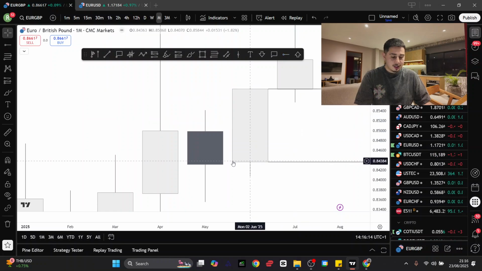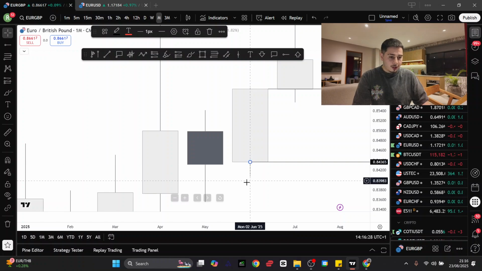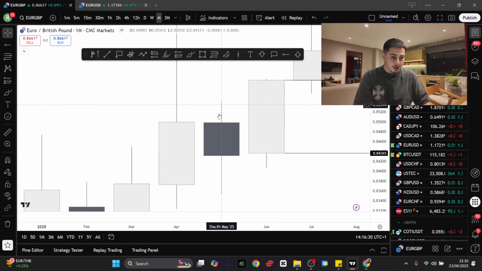So you can see the price opened here. You see how it closed here the previous month. It's opened, and on the very last day of the month, closed here. All right, does that make sense? Now, another thing to add is that when you see these wicks, this is what we call a wick here, these lines at the bottom, this means that price has gone to that point.